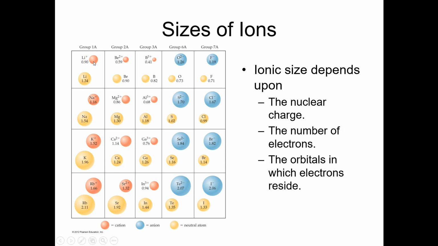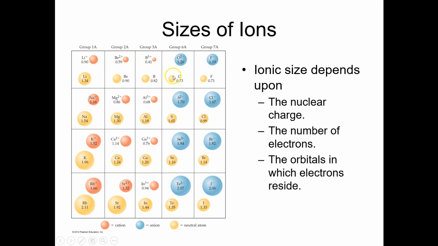A, you are taking away electrons, and that decreases electron-electron repulsions and makes it easier for them to feel a higher effective nuclear charge. But also in these cations, you are also stripping off all the electrons from the valence level to get down to have the same electron configuration as the previous noble gas. And so you're taking off the entire valence level of electrons, which is going to also make that smaller.